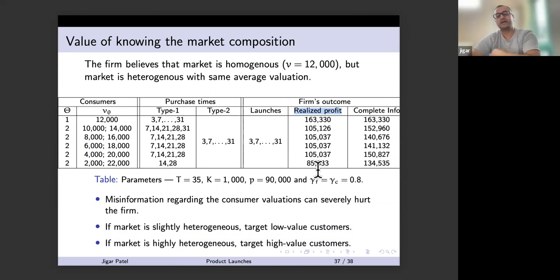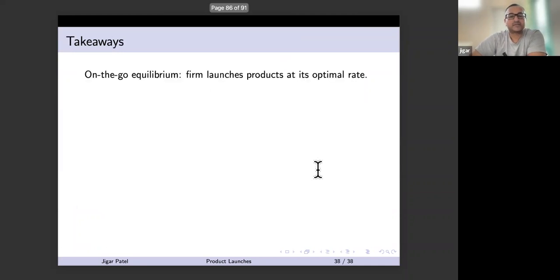So knowing the composition of the market is reasonably important, and so is the value of this information. In decision theory, people call it expected value of perfect information, or value of perfect information. So you know how much you would be willing to pay for perfect information, and you can calculate this.